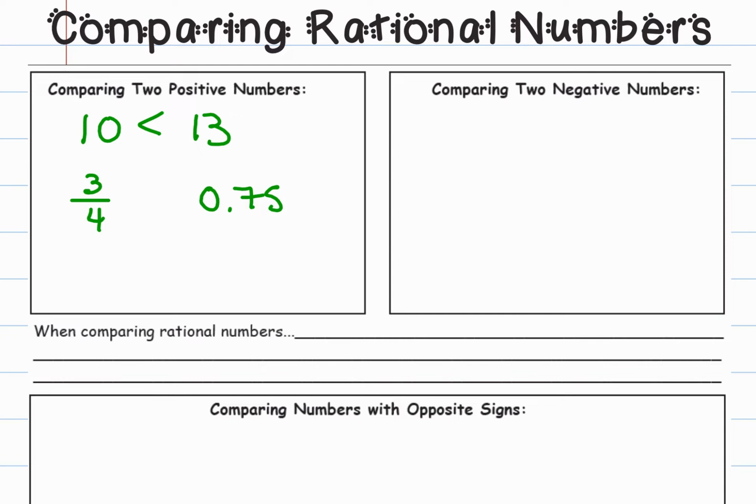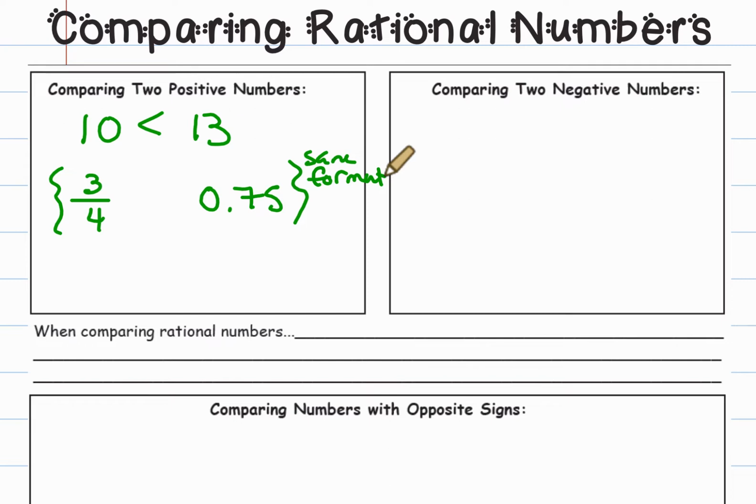One way is to change them to the same format. They're both rational numbers because it's possible to write the number 0.75 or 75/100 as a fraction. So therefore, it's a rational number. Is 3/4 less than that, equal to it, or greater than it?